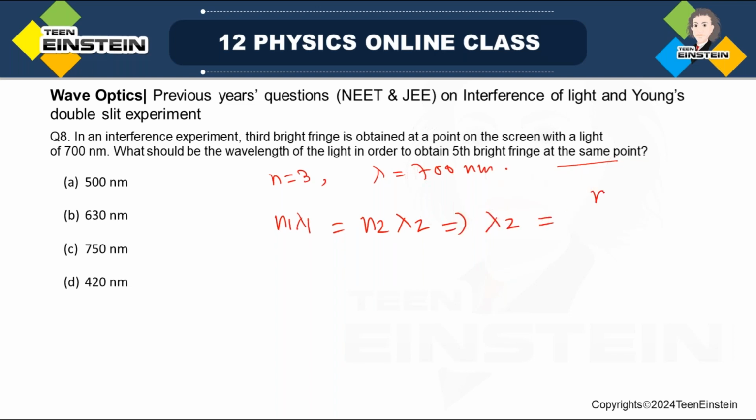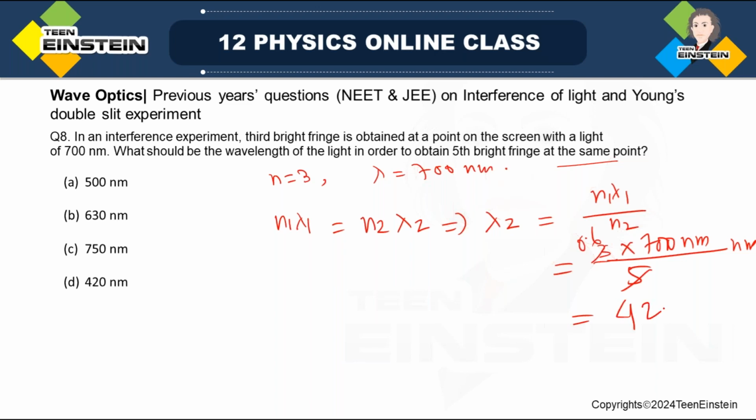It is n1 lambda 1 divided by n2. So n1 is given as 3, lambda 1 is given as 700, and n2 is 5 here. So this will be in nanometer, so this will be 420 nanometers. See how quickly we could do.